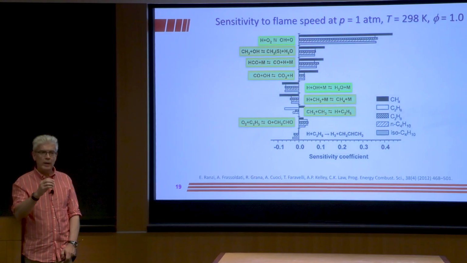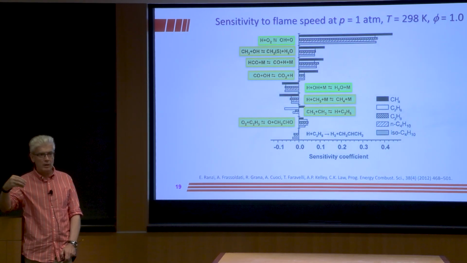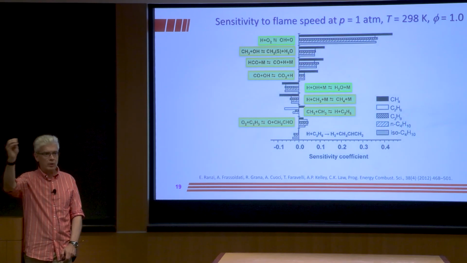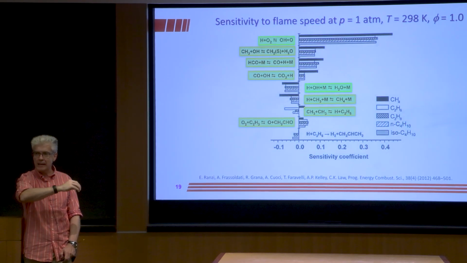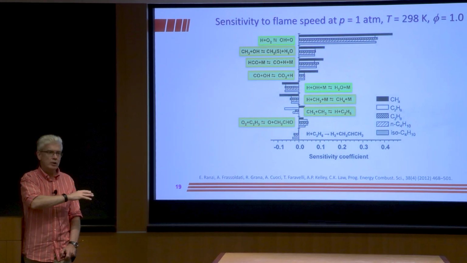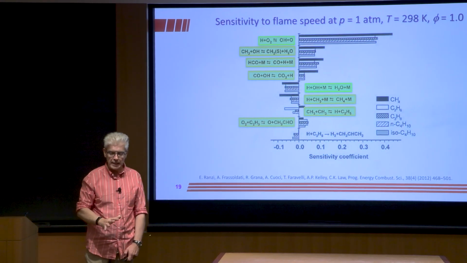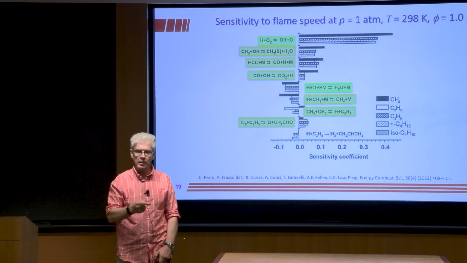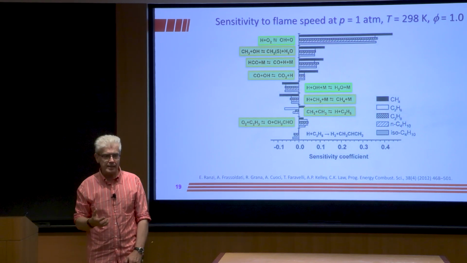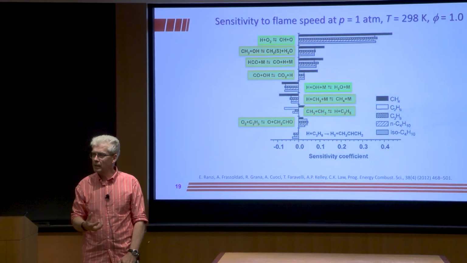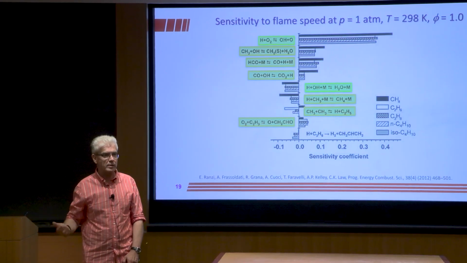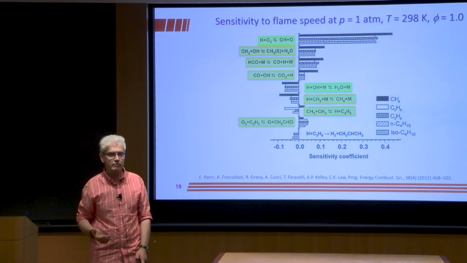In flames, H can be produced in the reaction zone way out, but can diffuse back to the reactants, and then its chemistry is very, very important. You'll see in any sensitivity analysis you do to flame speed or flame simulations, the H atom chemistry just comes out the whole time as dominating.